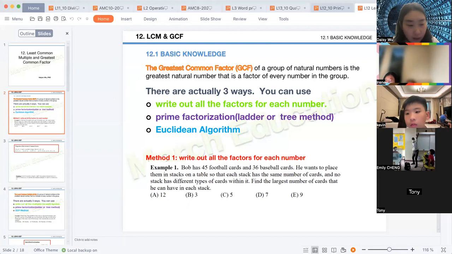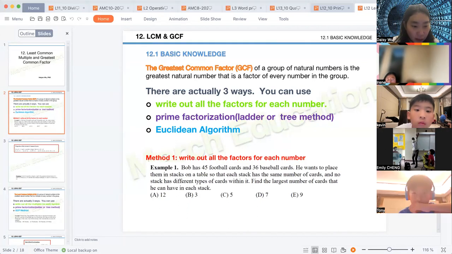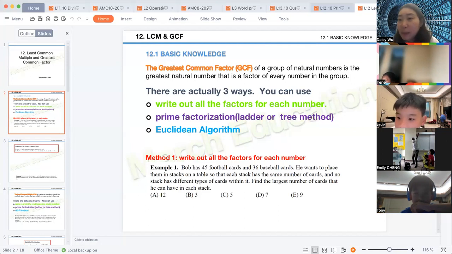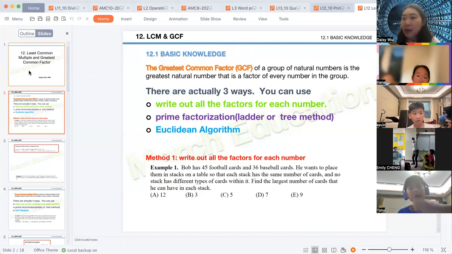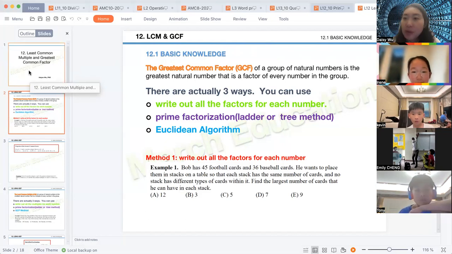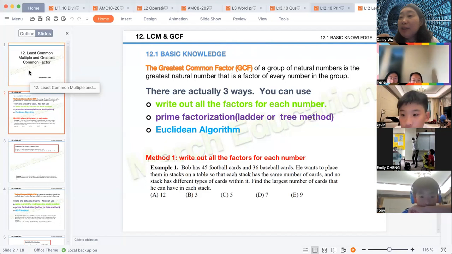Okay, today's lesson is in my book. Today's lesson is 17, but I rearranged them. How to say? I put them in a different order.